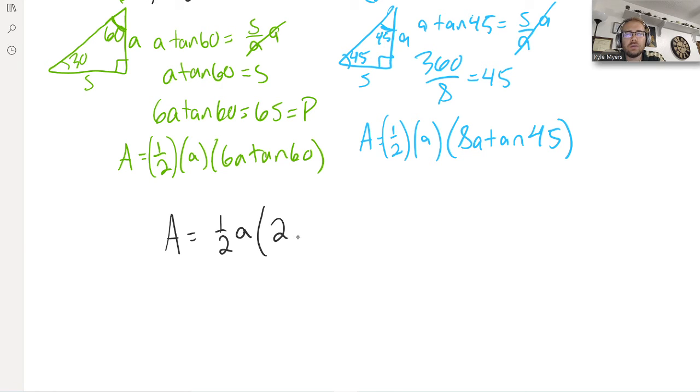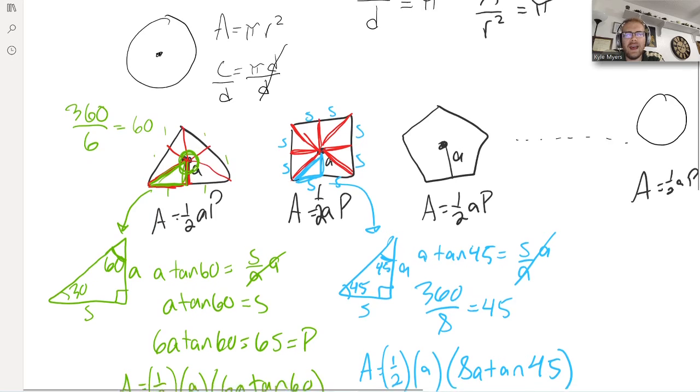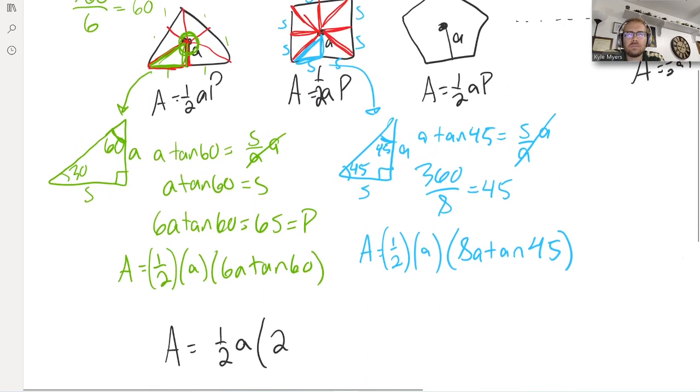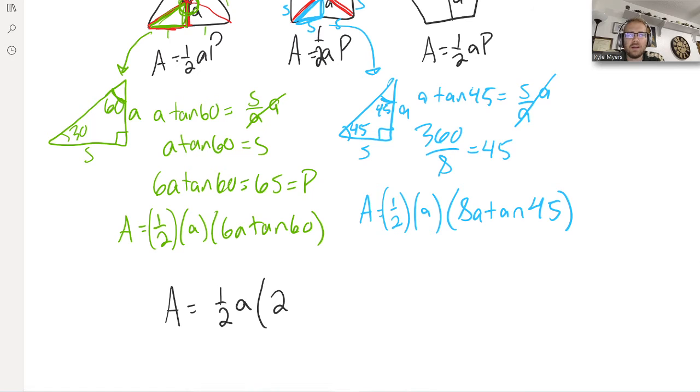I used S to represent half a side length, so I don't want to be confusing here, but I'm going to use a capital S to represent the sides that a shape has. And maybe let's use a cursive S so I don't get it confused with a 5. So 2S, 2 times the number of sides, times A, and then it's times the tangent of something.